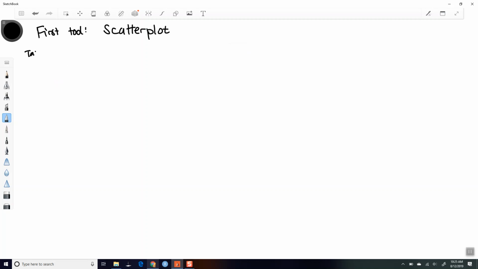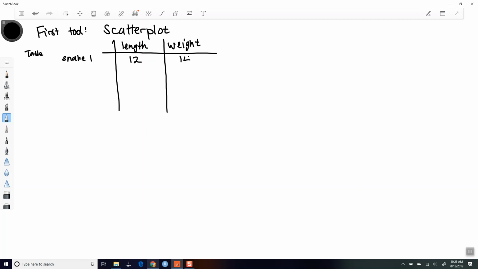So this is our table, and we've got snake 1, and we've gathered some variables. One of the variables will be the length, and the other will be the weight. I'm just making up numbers here, I have no idea. So maybe this is in inches and this is in ounces. Then we've got snake 2, snake 3, snake 4.